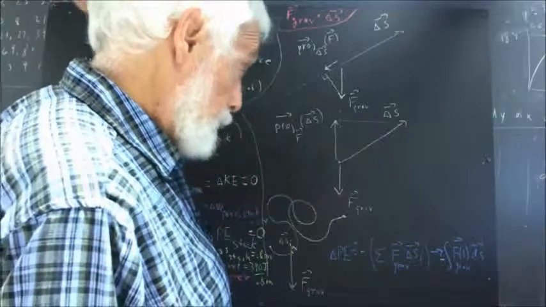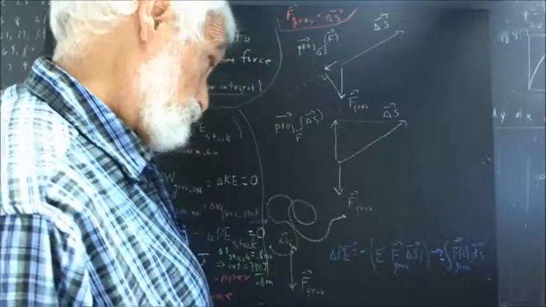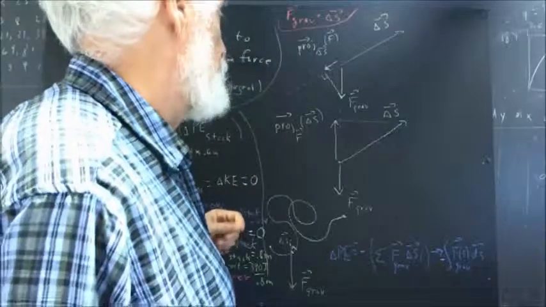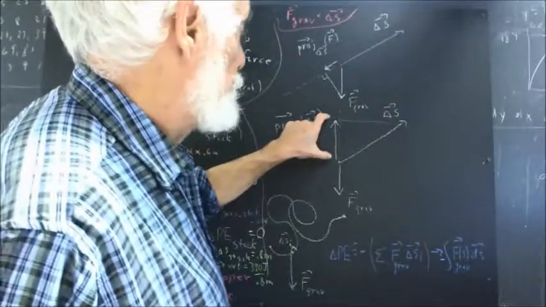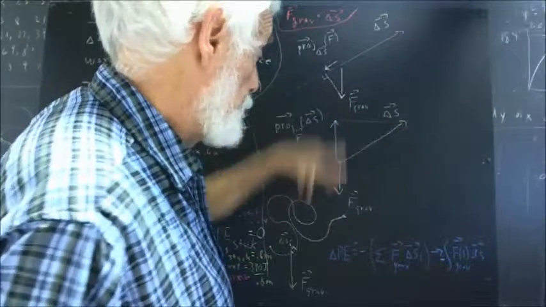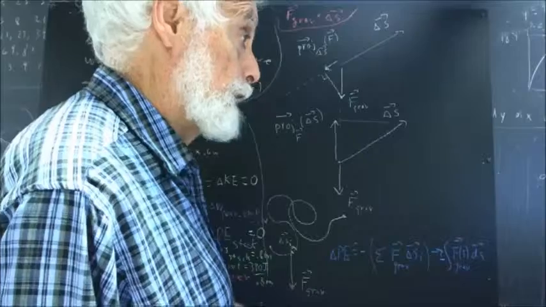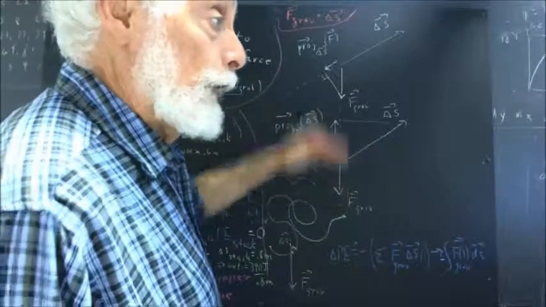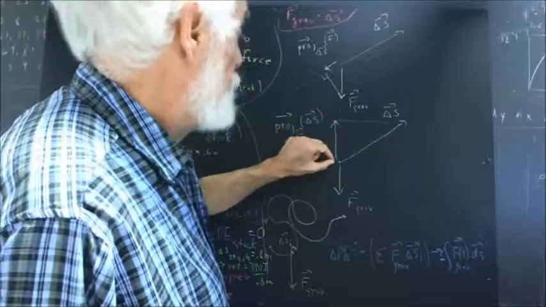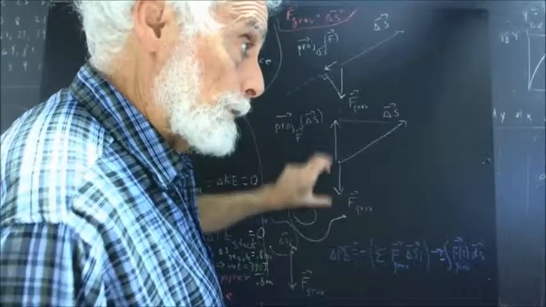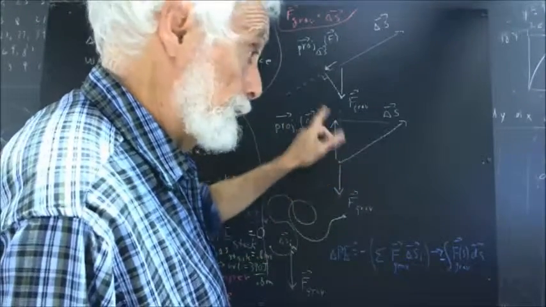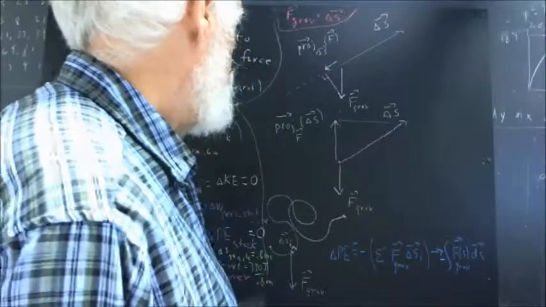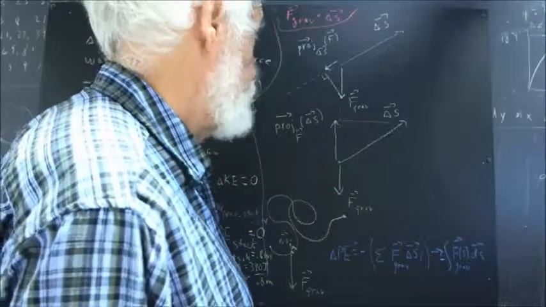This would correspond to just the idea that this projection of the delta S vector onto the direction of the gravitational force vector is how far the object is raised. So we're raising the object this far, we're multiplying that by the gravitational force, and of course these are in opposite directions, so you get negative work done by the gravitational force.